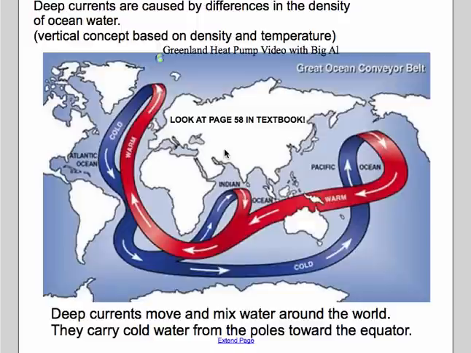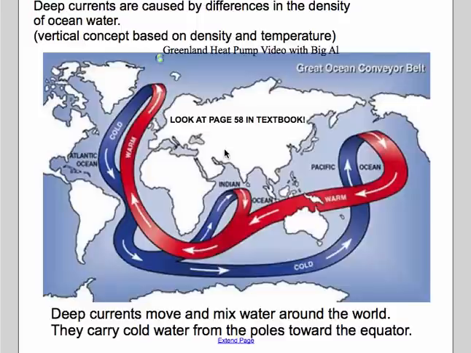It's also more dense because it has more salt in it, so it sinks, and you get this vertical, huge movement of water, and then eventually it's going to reach places where it has had the chance to warm, and it upwells, and that creates a large surface ocean current. So here in this picture, the red would be that warm surface part of the current, and the blue part would be that deeper area going down along the deep ocean.